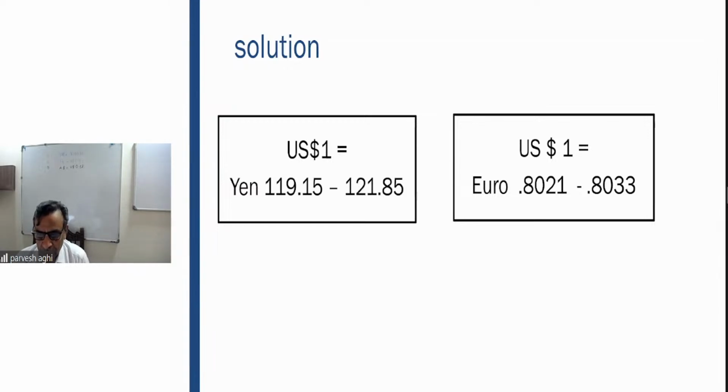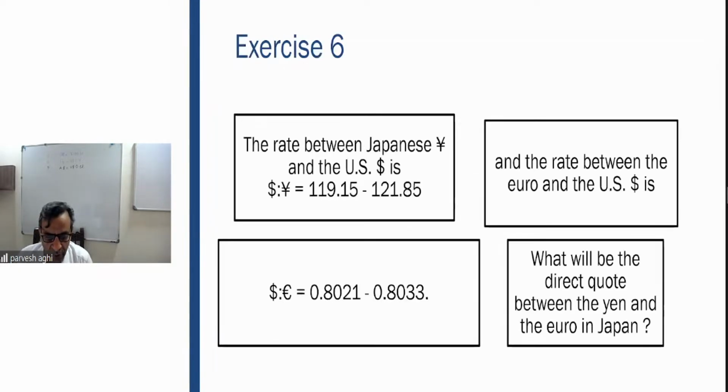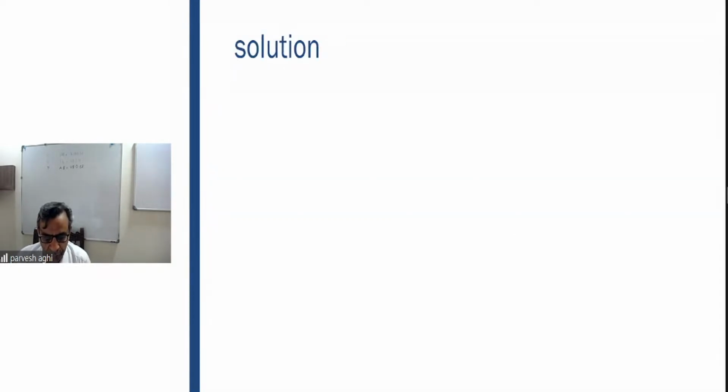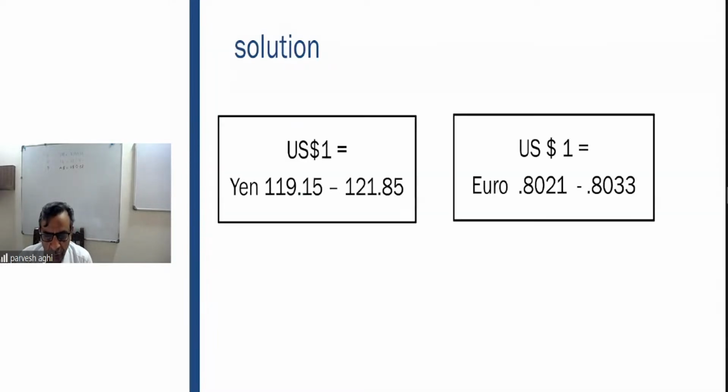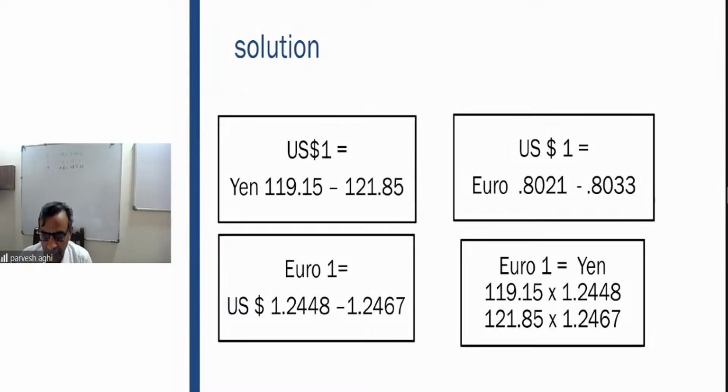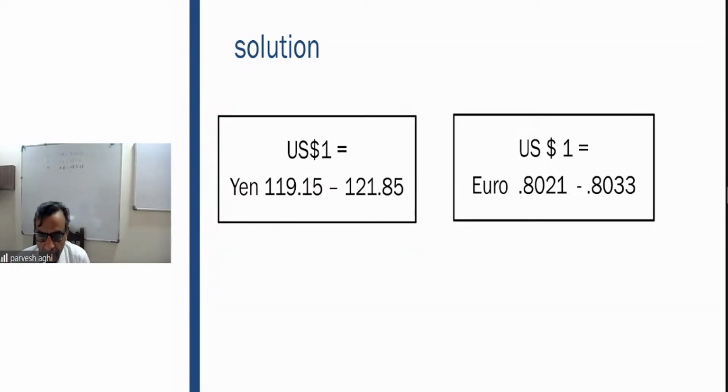So first we will put the quotes in order. Here we are saying $1 is equal to so many yen, $1 is equal to so many euros. So we are going to put them like this. Now, both the quotes are basically European.